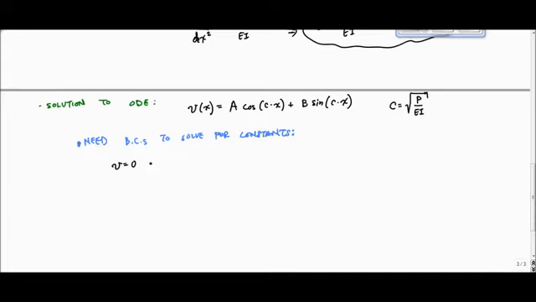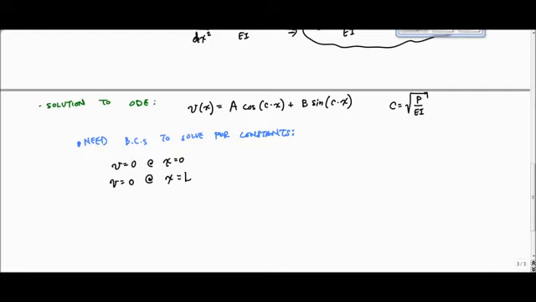V equals 0 at x equals 0. Awesome. I have two constants, so I need one more boundary condition. Who's got one more? V equals 0 at x equals L. Awesome.